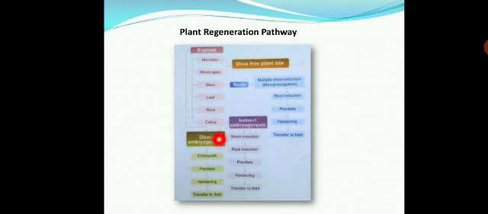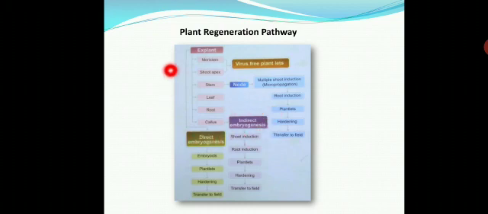Here the callus has the capacity to develop shoot induction or root induction, then a plantlet, which undergoes hardening, then transfer to the field. The callus cannot develop an embryo directly, so that is called indirect embryogenesis.